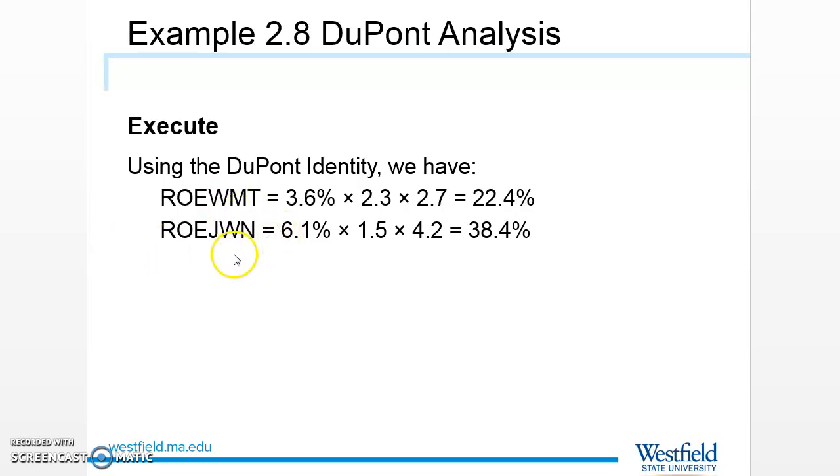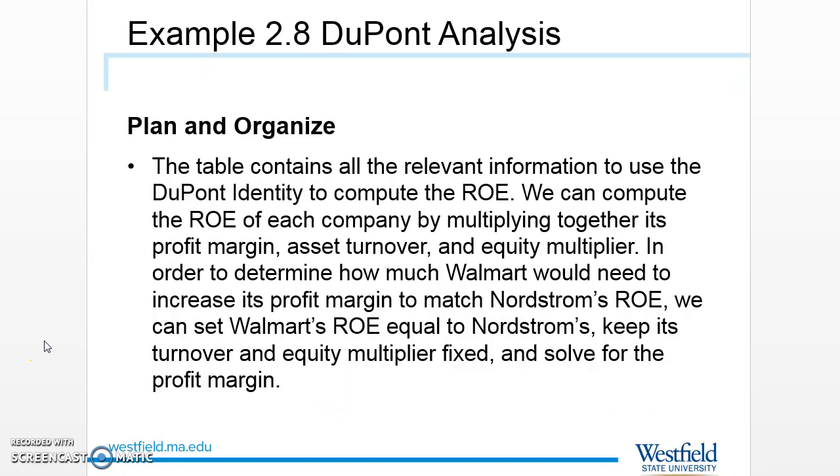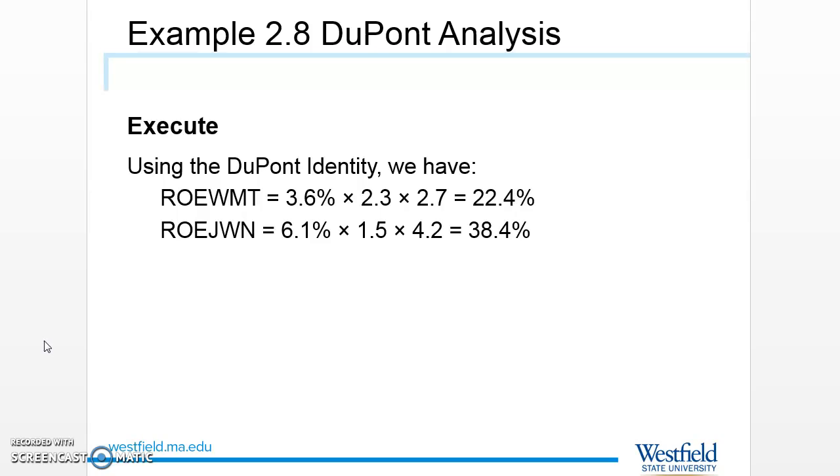So Nordstrom has a better ROE than Walmart does. Right. But this is generally due to the higher profit margin. They do have some more leverage, but it's mostly due to this higher profit margin. So we can say that Nordstrom's a higher profit margin company than Walmart is, which most people would accept if you know anything about Nordstrom. They are a higher end clothing sales company relative to Walmart.